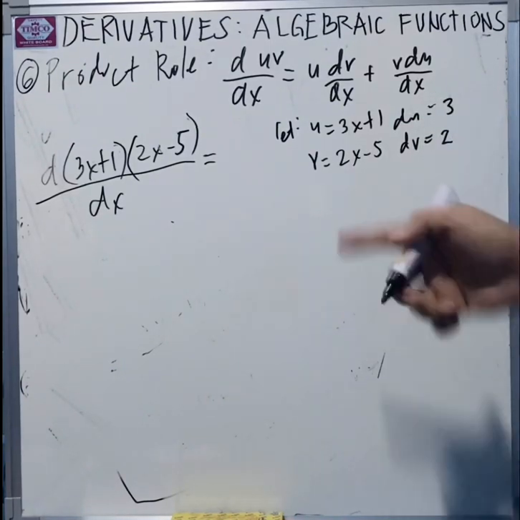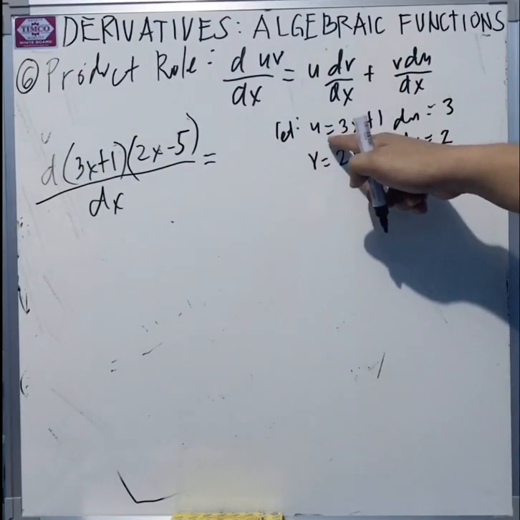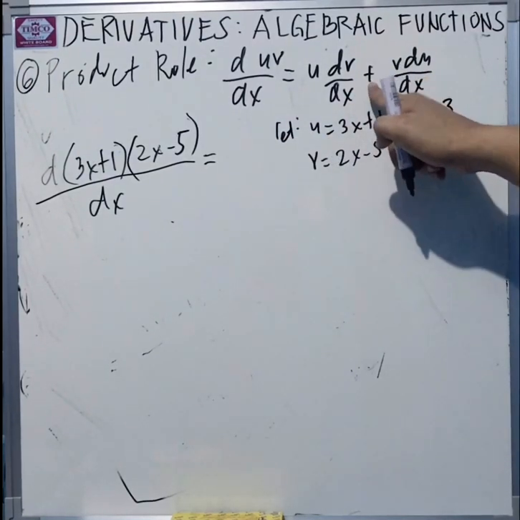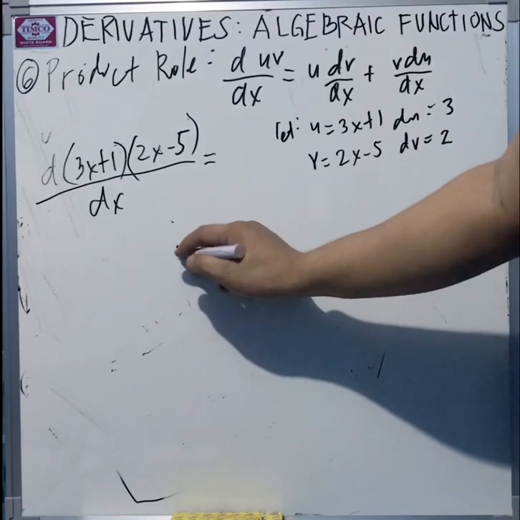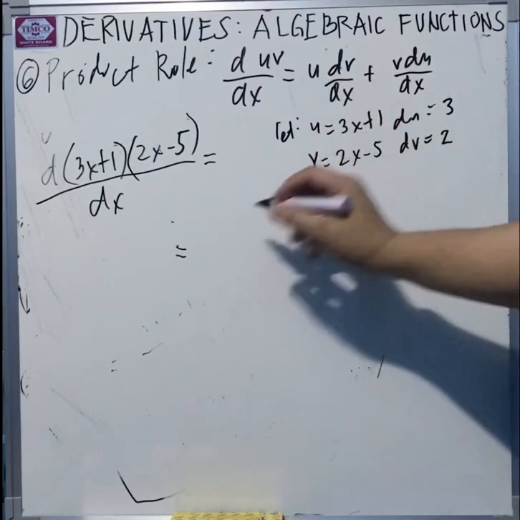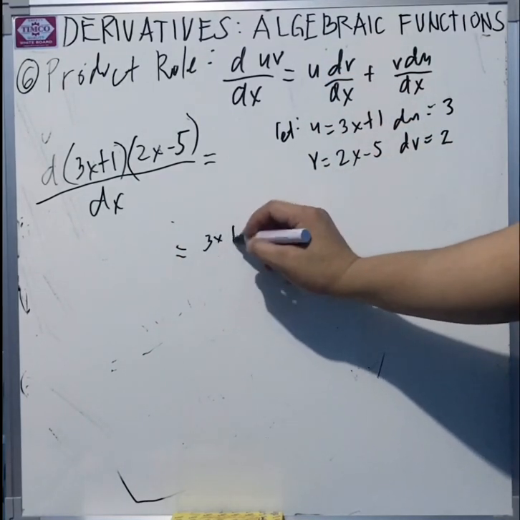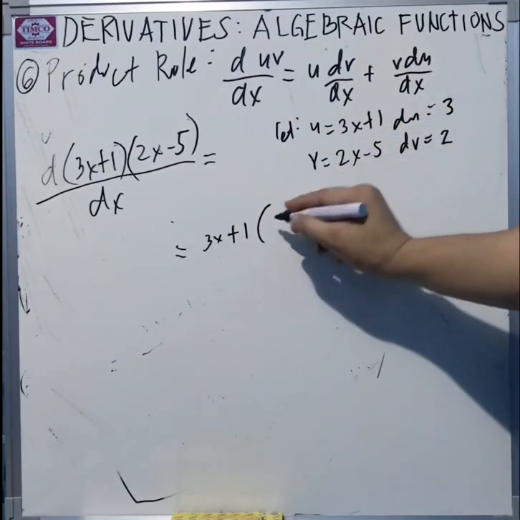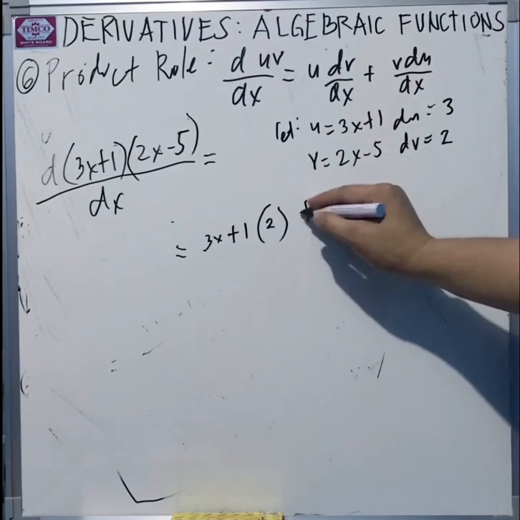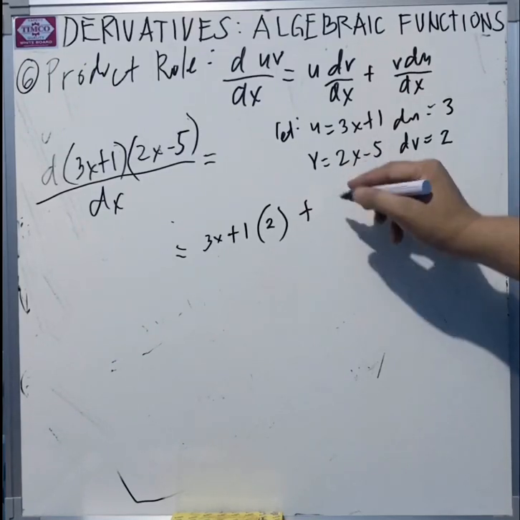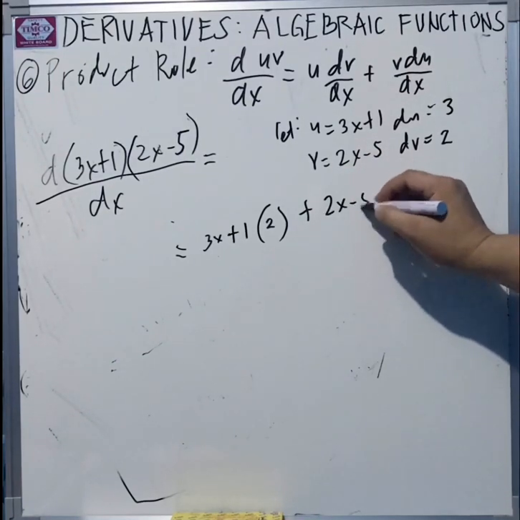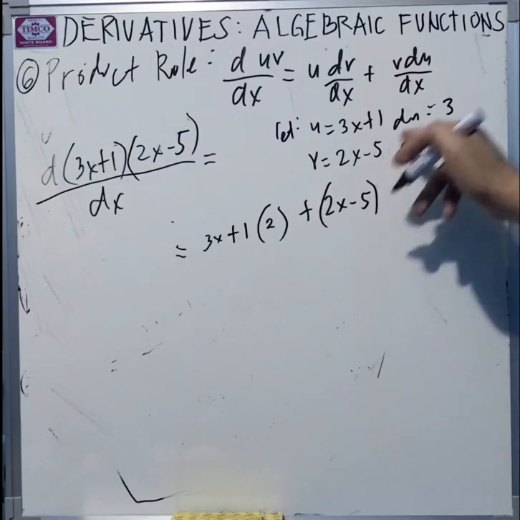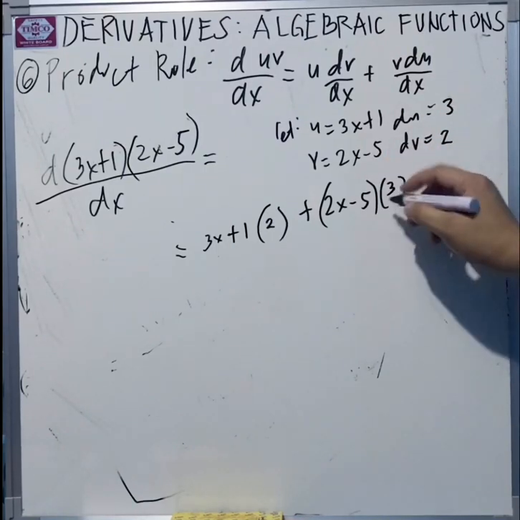So, substitute natin siya, itong mga value na to dito sa ating equation. So, we have u, 3x plus 1 times dv, which is 2, plus v, 2x minus 5, times du, which is 3. Okay.